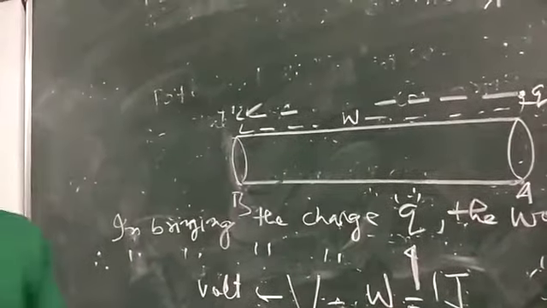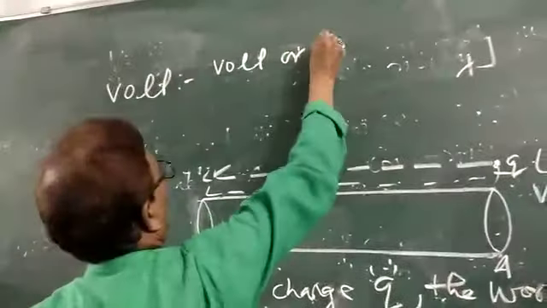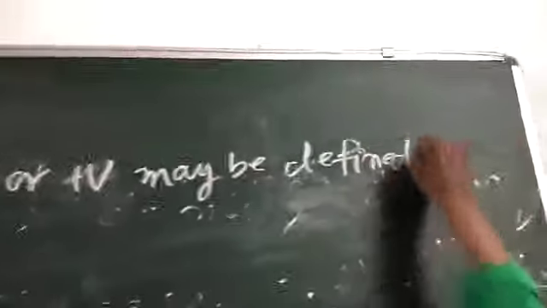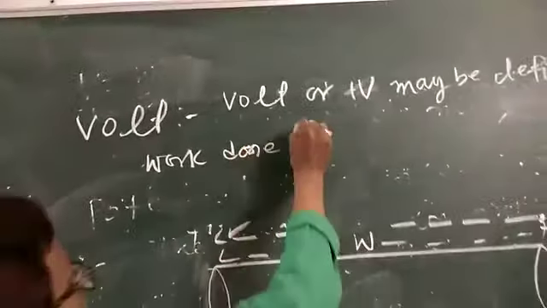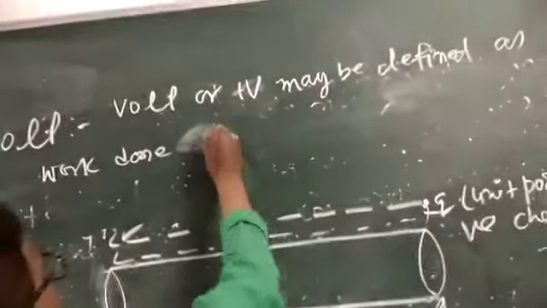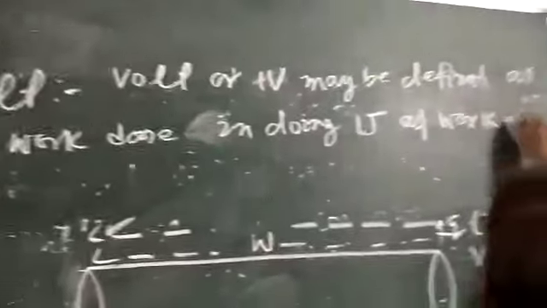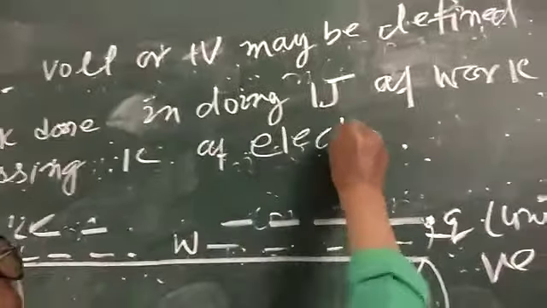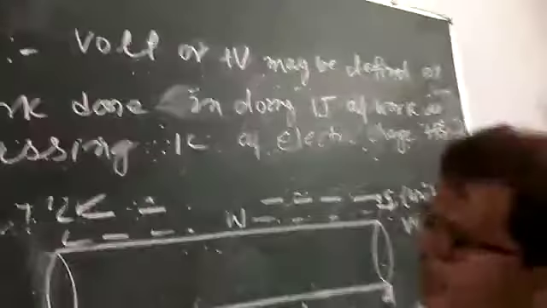So let's have the definition of volt. 1 volt may be defined as the work done in doing 1 joule of work in passing 1 coulomb of electric charge through the conductor.